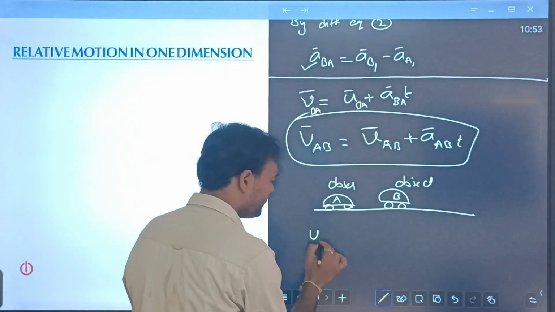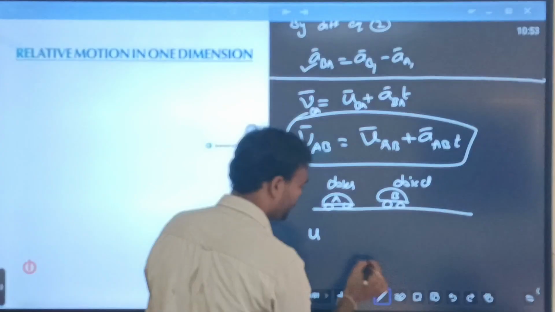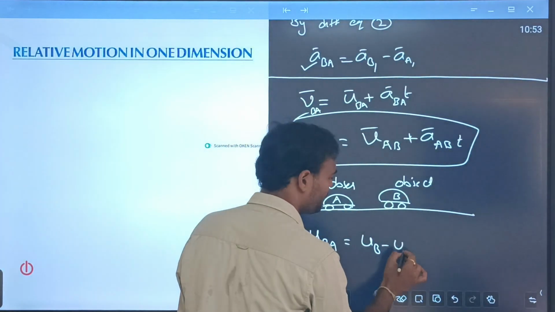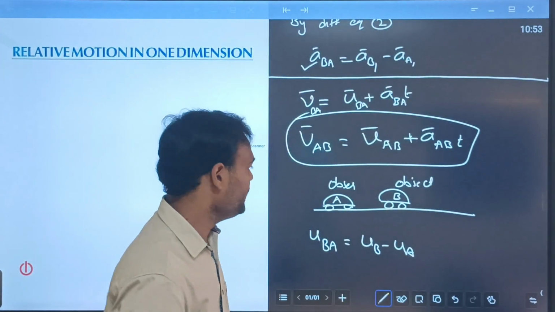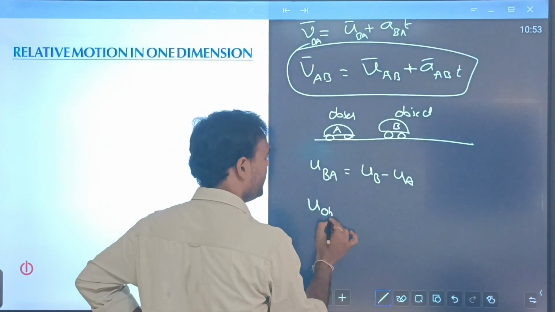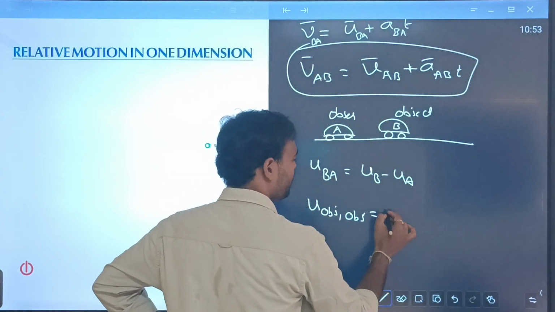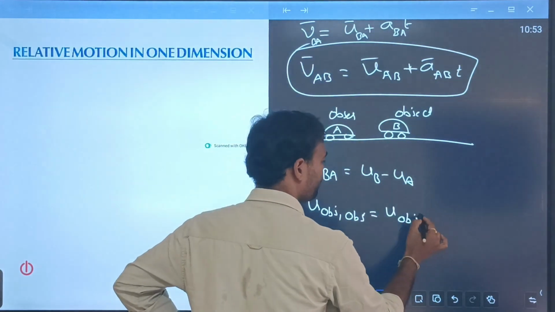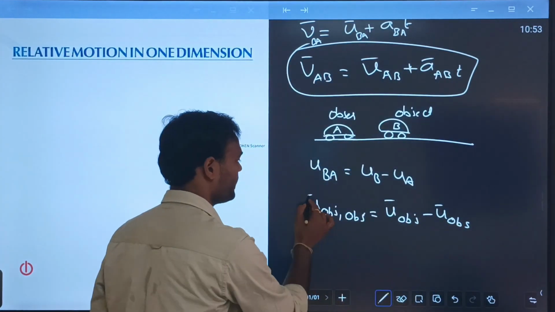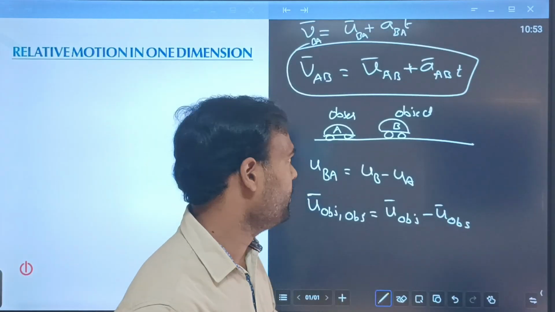And I told you the formula as velocity of B with respect to A is velocity of B minus velocity of A. For your understanding, you can keep in your mind: velocity of object with respect to the observer is equal to velocity of object minus velocity of the observer. Clear? This is the procedure you can keep in your mind if you want.